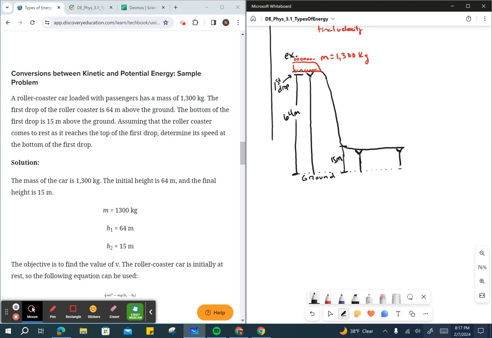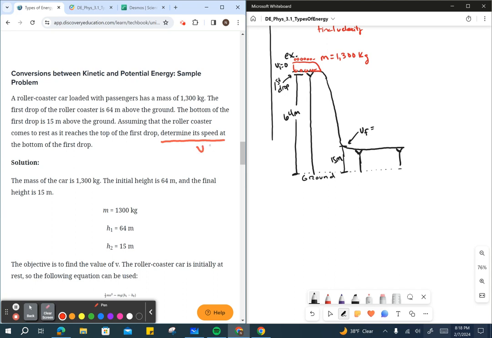And they want to know, assuming that up here it was at rest, velocity 1 equals 0, or velocity initial equals 0, what was the velocity final right at the bottom of the first drop. So what do we want to do? We need to determine its speed.